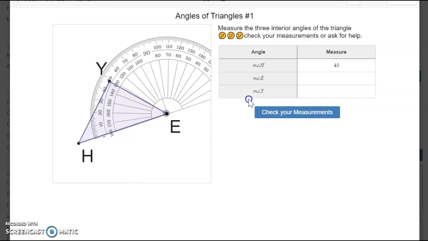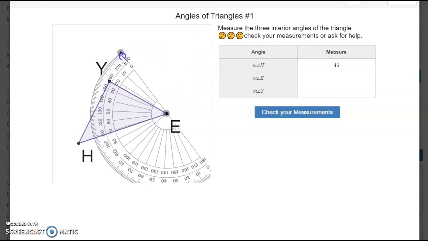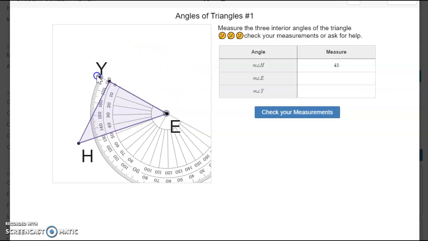I can move this to line up like this and then use the outside numbers, or I can move the vertex so that it is measuring from the inside numbers. Up to you. I'm going to use the inside numbers. So I have 40, it's between 40 and 50. Looking at this number, I see 47. It's like 3 units away from the 50 line, so it's going to be 47.